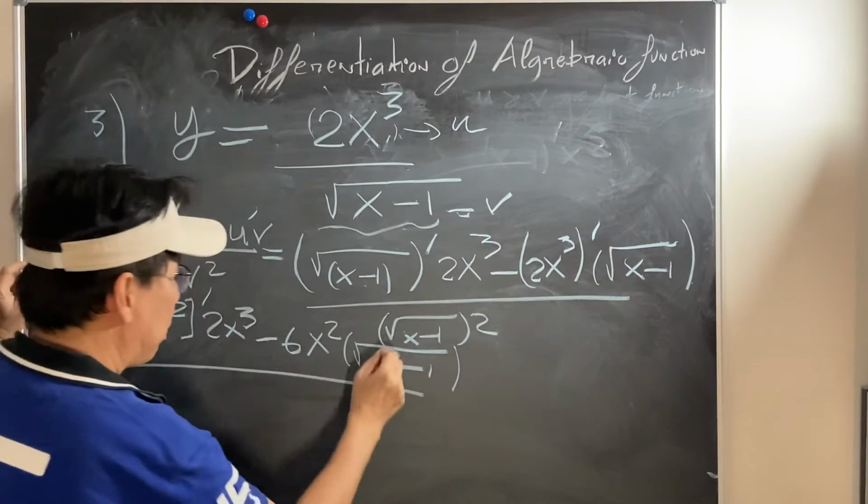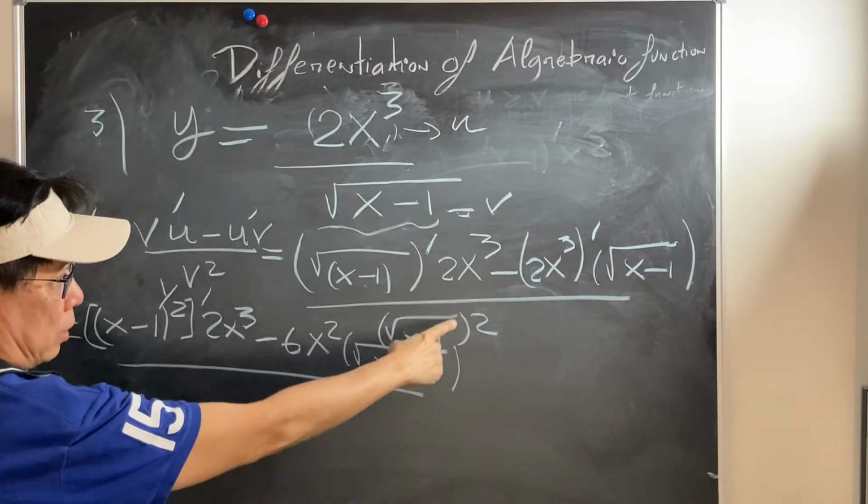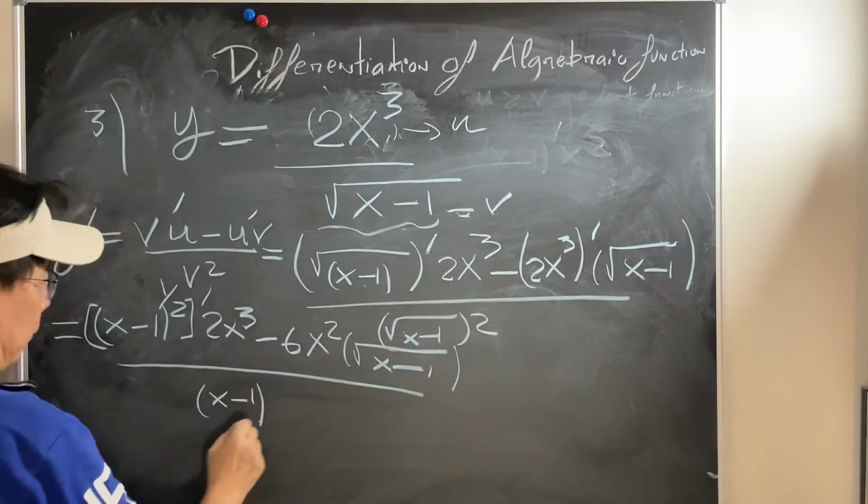The whole thing is divided by the square root of x minus 1, squared. When you square a square root, the square root disappears, and you have x minus 1.